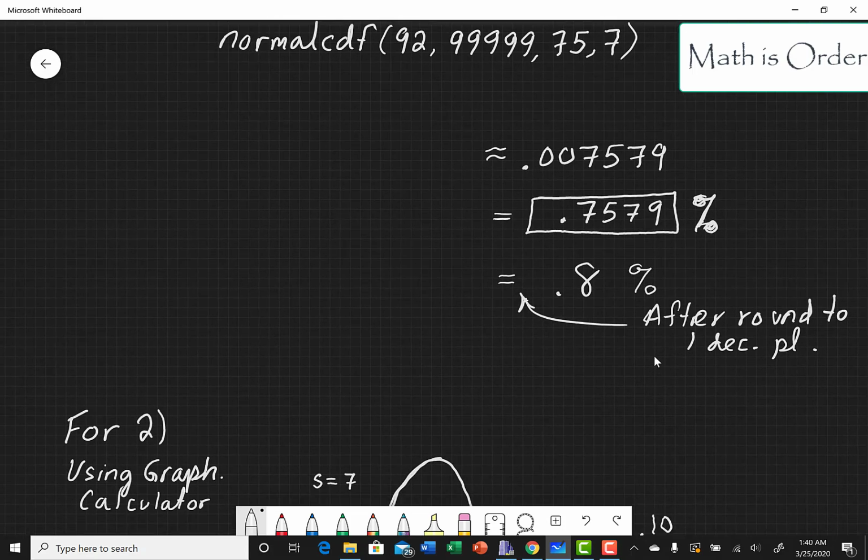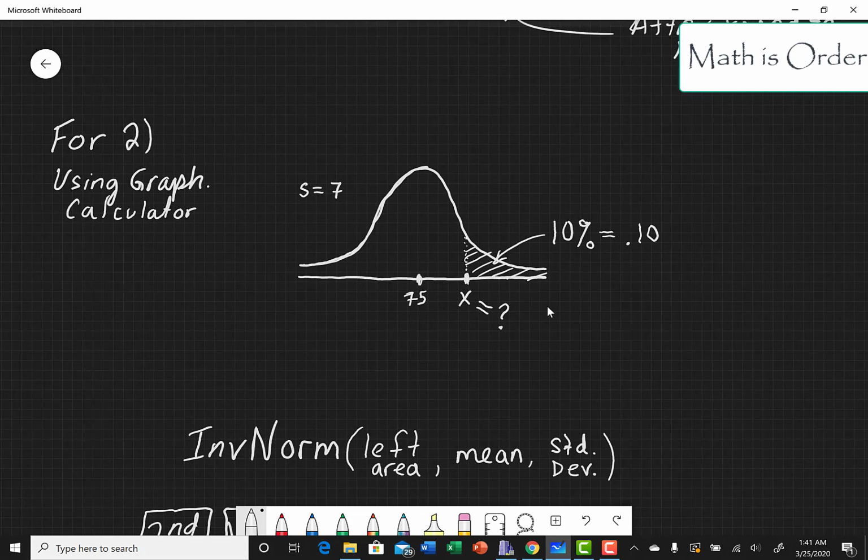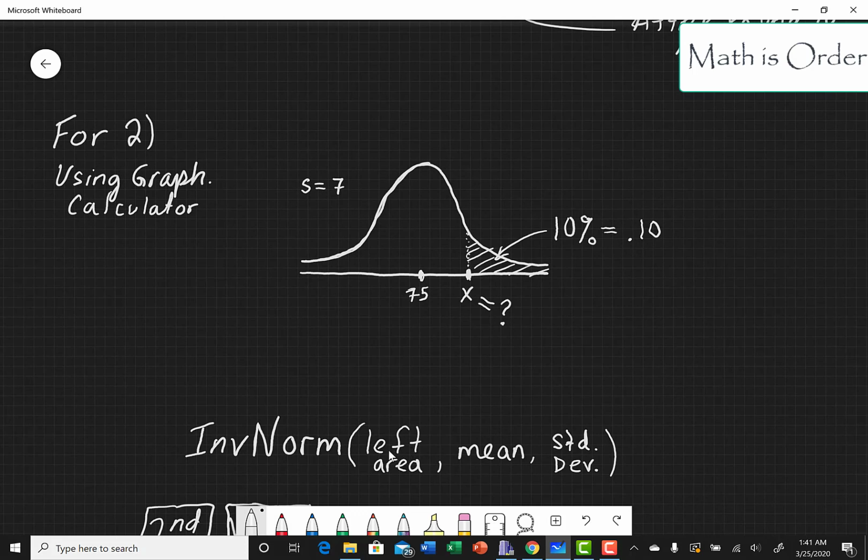And then for number 2, similar thing. Right here, we wanted to find x, and this time we use the inverse normal distribution feature on the calculator. This time, we're going to put in our left area as the first quantity, and then the mean and standard deviation, right?